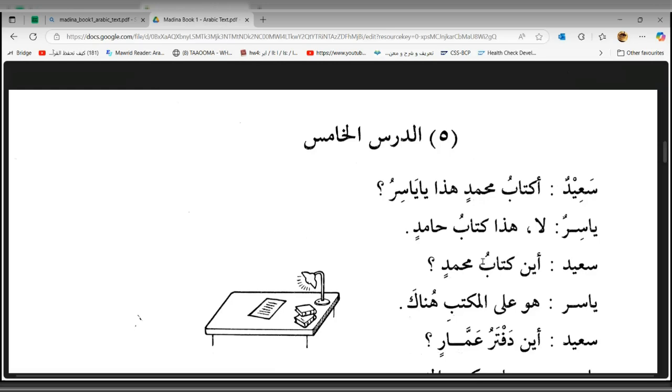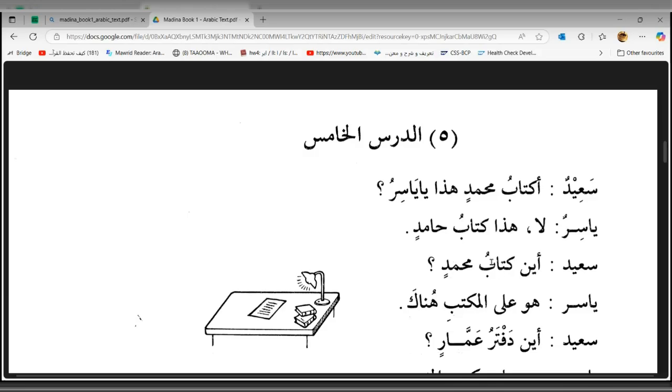So if you want to do a possessive, you have to make the mudaf ilayh, the owner, take kasra, okay? And the item that's possessed cannot have tanween. Those are the rules, okay? Basically two rules. Let's say three rules. The item that's owned comes first and is followed by the owner as the first rule.